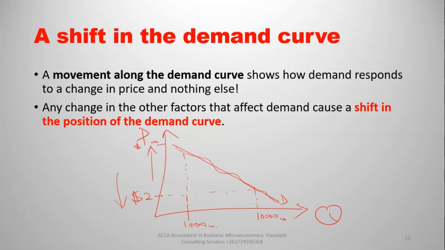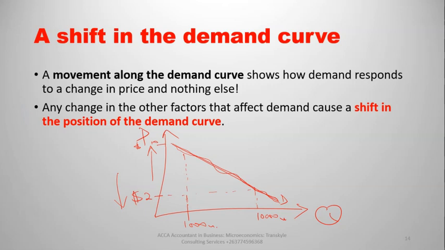So any change in other factors that affect demand causes a shift but not a movement along the demand curve. So if there is a change in anything other than the price, then we are going to witness a shift.